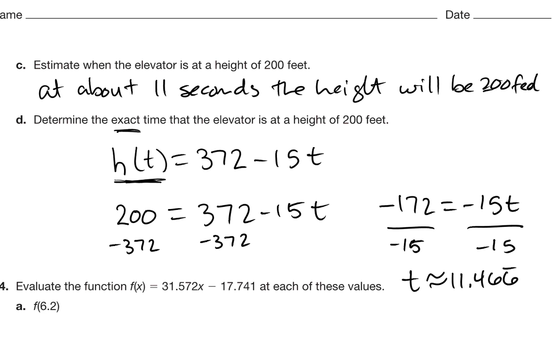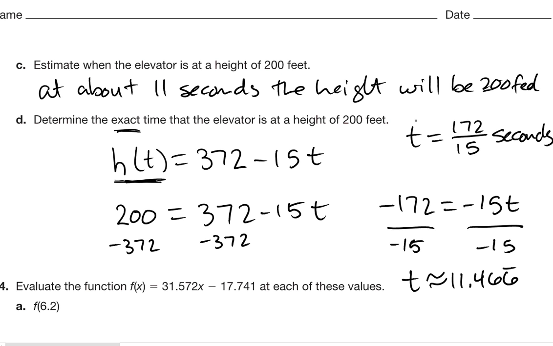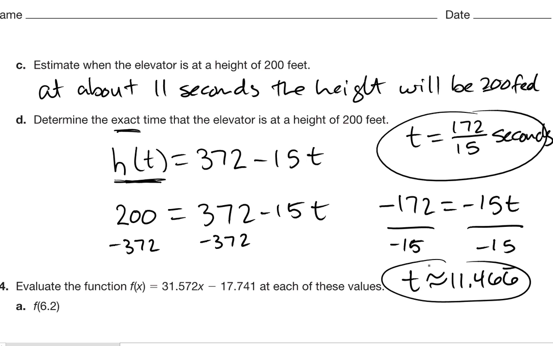Turn that into a fraction, and it says, well, that's funny, it's 172 over 15 seconds. Here's an exact answer. t equals 172 over 15 seconds. So if this is the time, this function is going to produce exactly a height of 200. This decimal is going to produce something very, very close to 200.